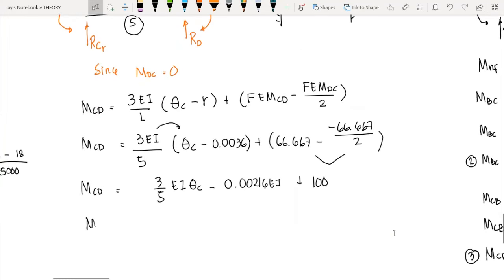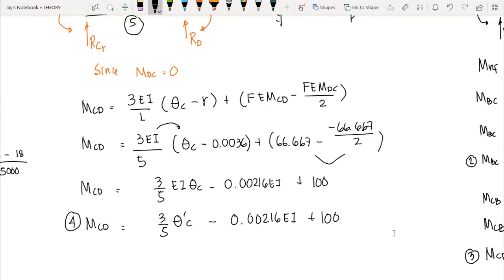So our final equation is MCD is equal to 3 over 5 theta prime C minus 0.00216 EI plus 100. So this is our equation number 4.